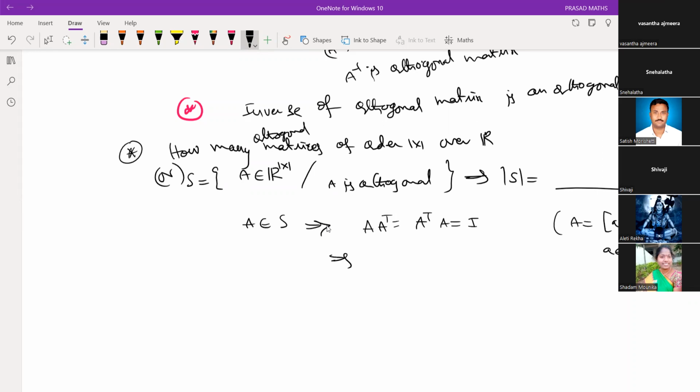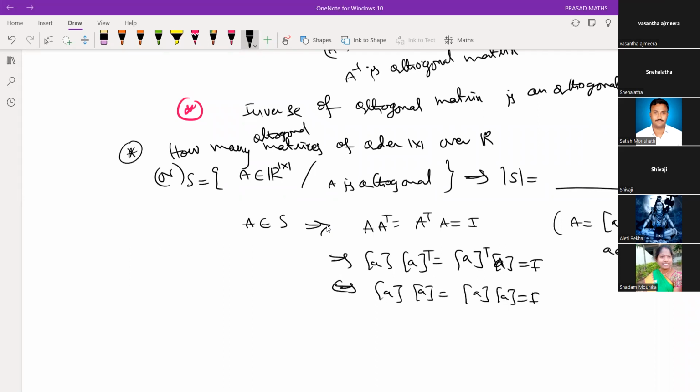The transpose of a singleton is itself, so A times A equals the identity matrix.